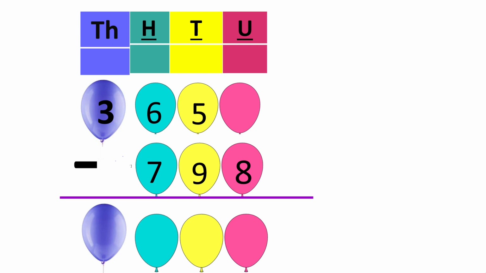Could you lend me 10, please? The 10's house says, sure, I will lend you. It gives 10. Now, how many tens will remain in 10's house? 4 tens will be remaining. When 5 gives 10 to units, 4 tens will remain here.